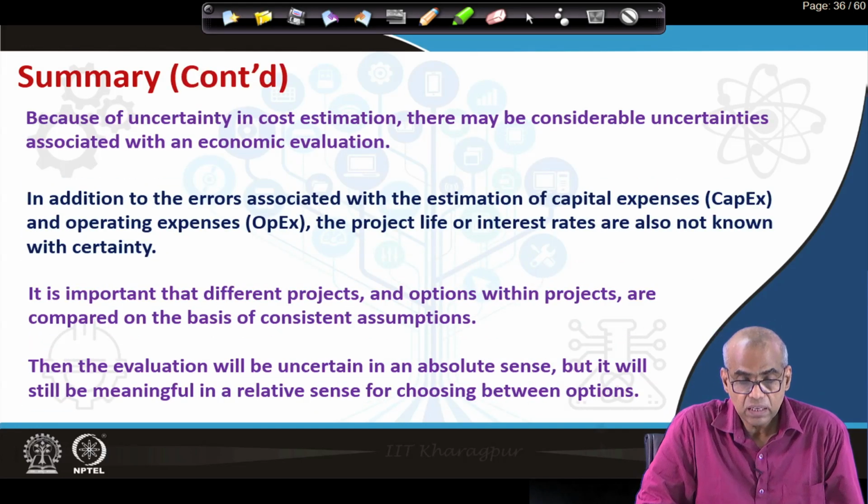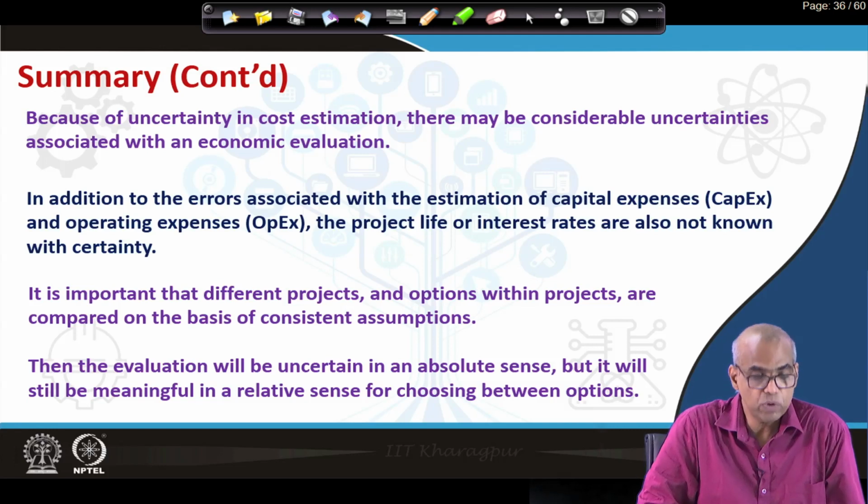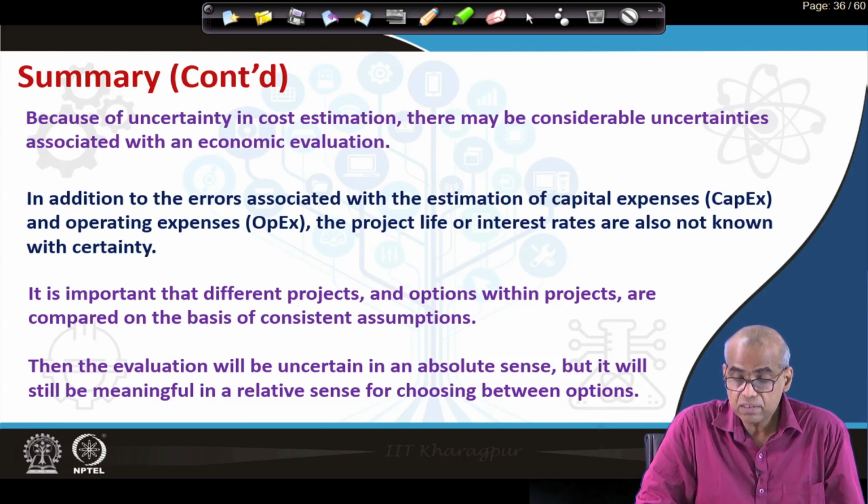Because of uncertainty in cost estimation, there may be considerable uncertainties associated with an economic evaluation. In addition to the errors associated with the estimation of capital expenses, also known as CAPEX, and operating expenses, known as OPEX, the project life and interest rates are also known with less certainty. That means it is not only that there is uncertainty in the various factors, there is uncertainty also in the project life and interest rate.